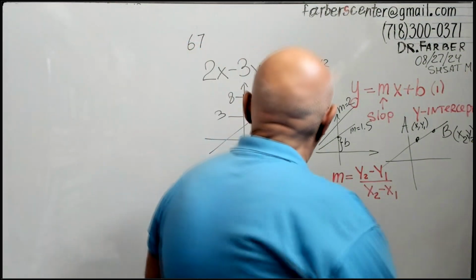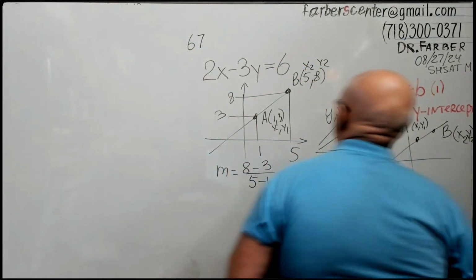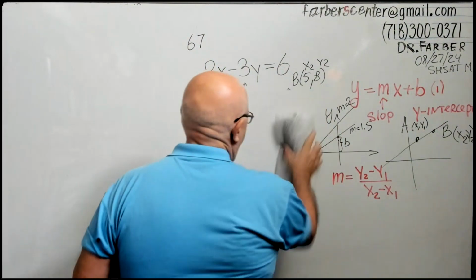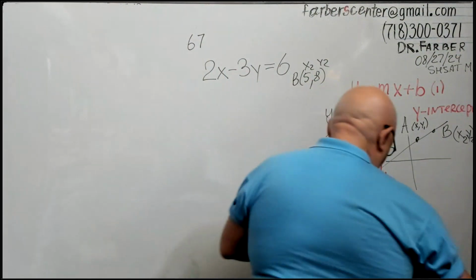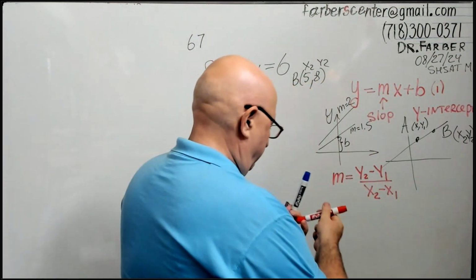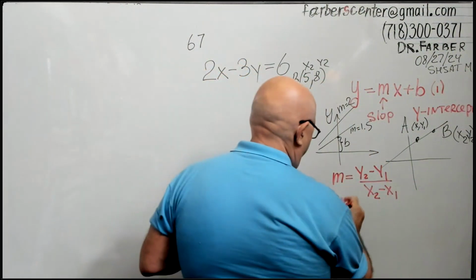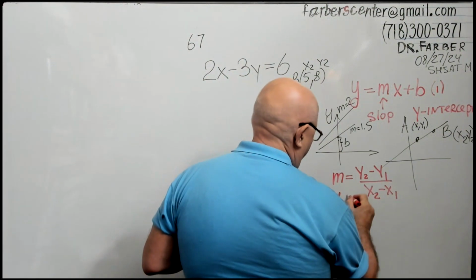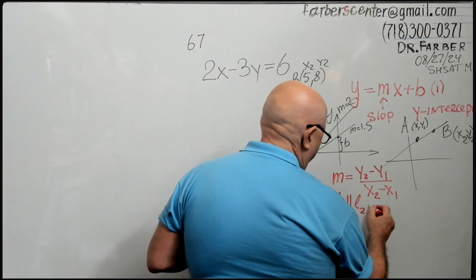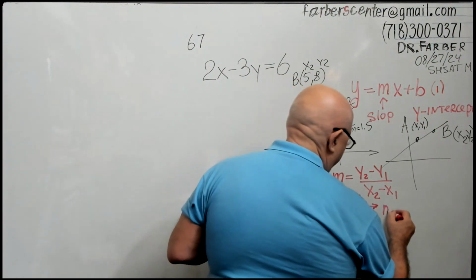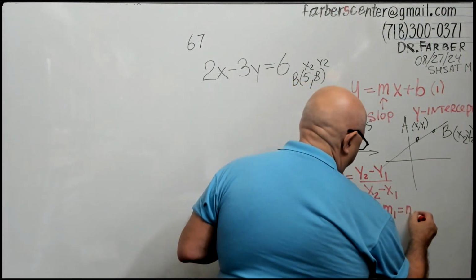Next, what we need for this particular test. If two lines, line 1 is parallel to line 2, then slope 1 equals slope 2.